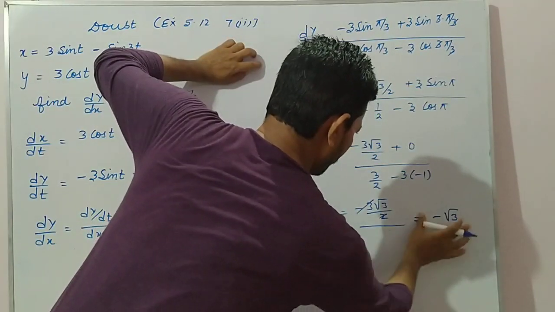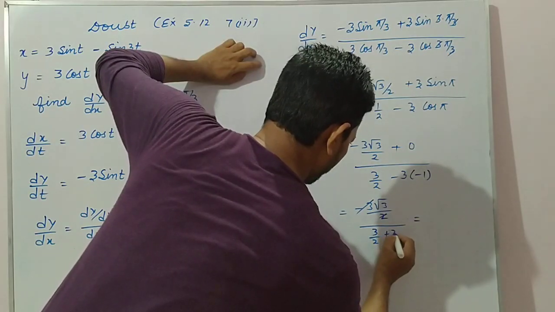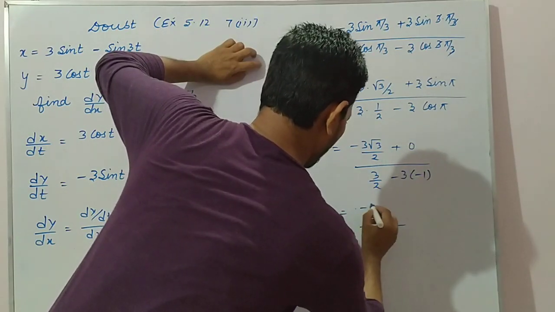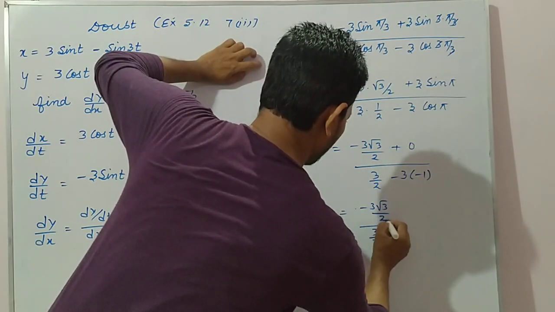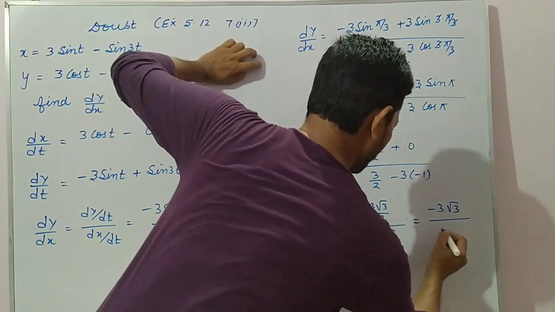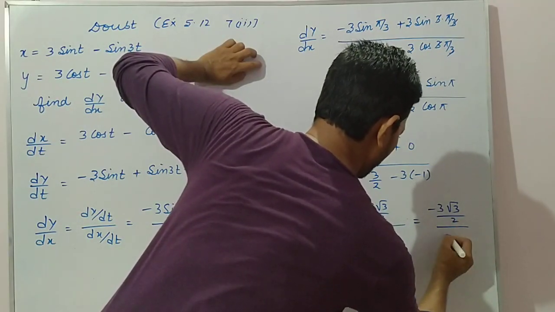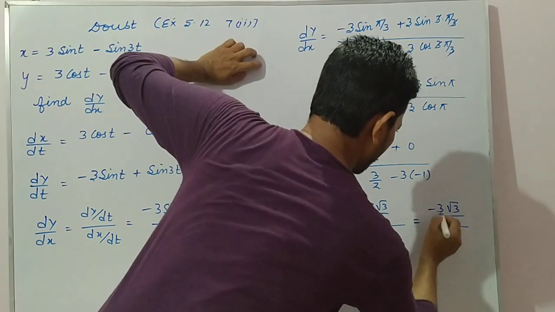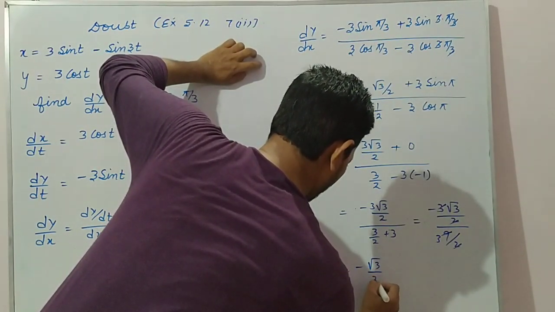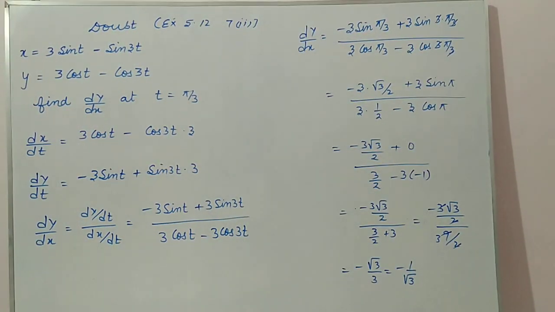So this will become 3 by 2 plus 3. Just hold one minute here. Minus 3 root 3 by 2, so you are getting minus 3 root 3 by 6 minus 9 by 2 divided by 9 by 2. The 3s cancel, so this is minus root 3 by 3, or that is minus 1 by root 3. So this is the required answer.